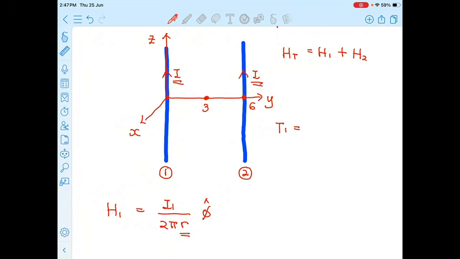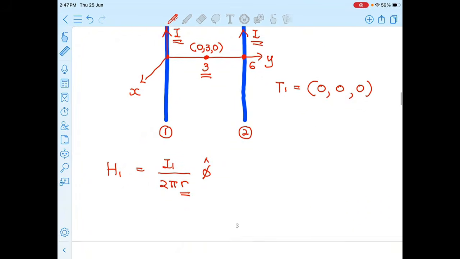The T1 will be equal to: all the x are 0, and the z you don't know what the value is, but the y you are sure that it is 0. So the z, you will follow the z of this point. This point has a coordinate of (0, 3, 0). So this is T1.